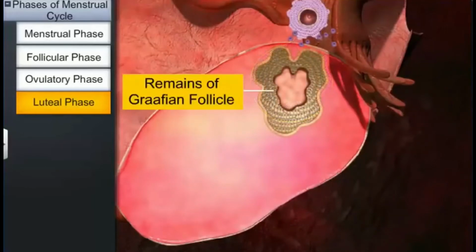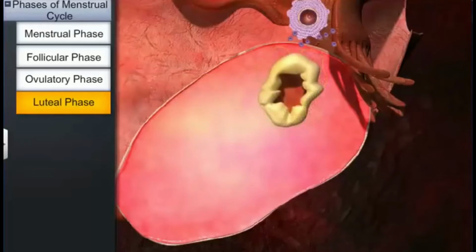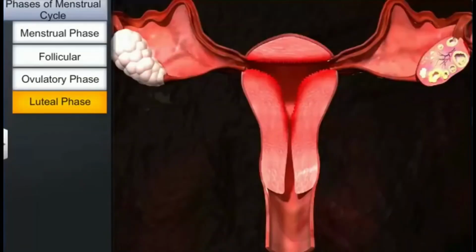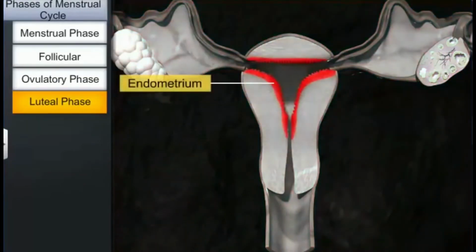This phase sees the transformation of the remaining Graafian follicle into a yellow mass called the corpus luteum. The endometrium too thickens and its blood vessels become coiled and enlarged. Interestingly, in the early stages of conception, for instance, a fertilized egg gets embedded in the endometrium and derives nourishment from it.